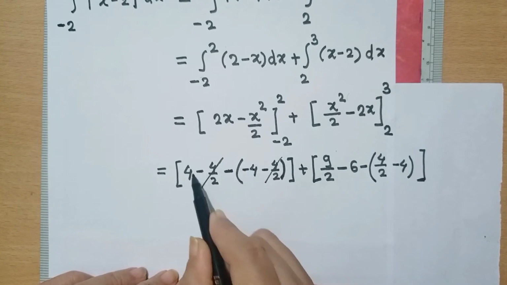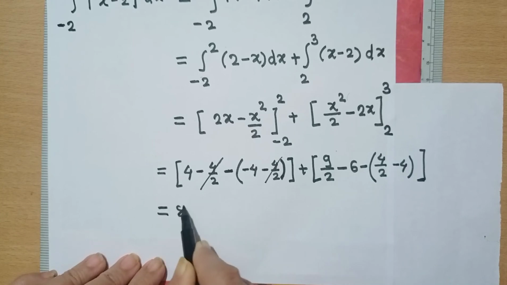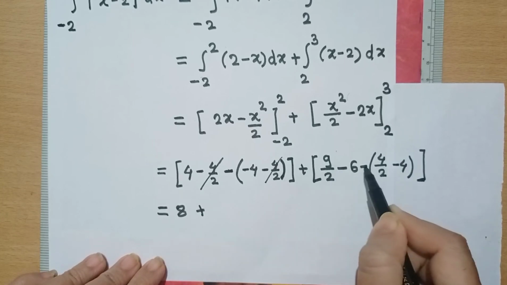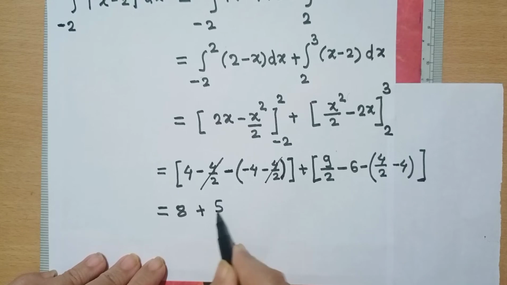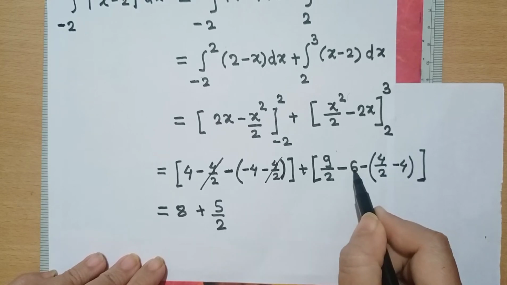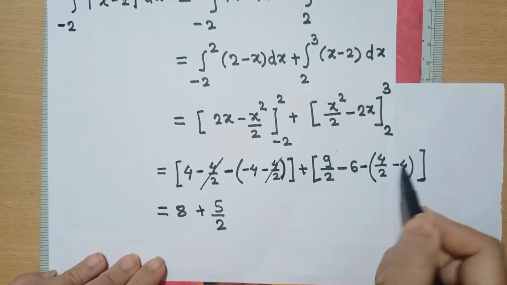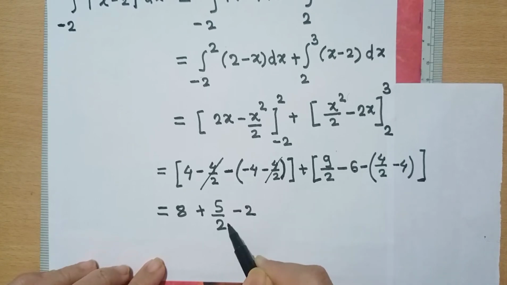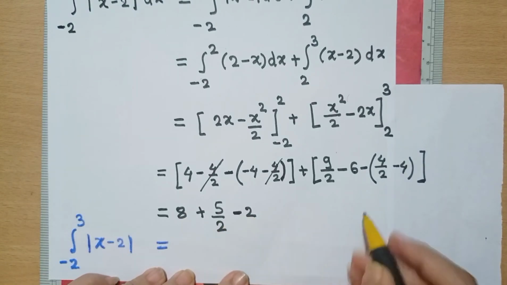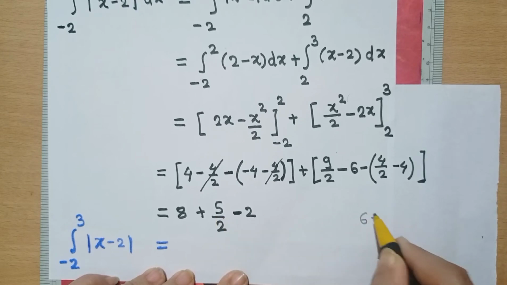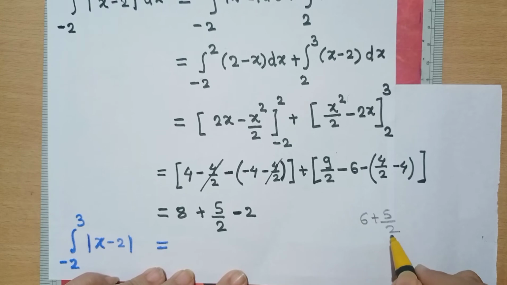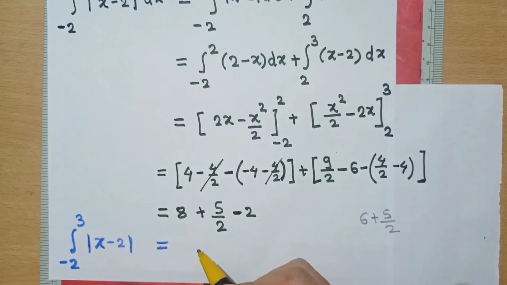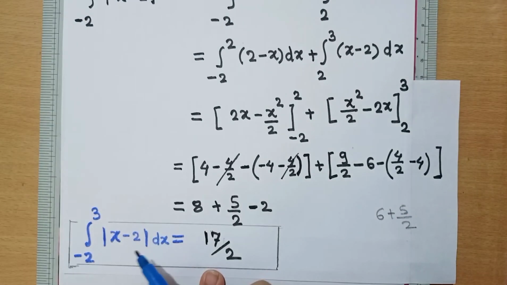Minus minus plus 4 and 4 is 8. And 9 by 2 minus 4 by 2 is 5 by 2. And minus 6 and minus minus plus 4 is minus 2. Simplify this: 8 minus 2 is 6, and this is 5 by 2. Its simplification is 6 2s are 12 plus 5, 17 upon 2. Therefore, the final value of the given definite integration is 17 upon 2.